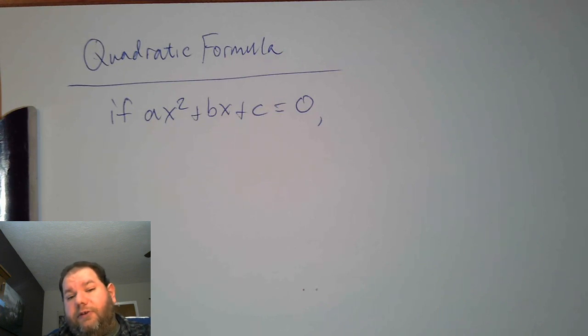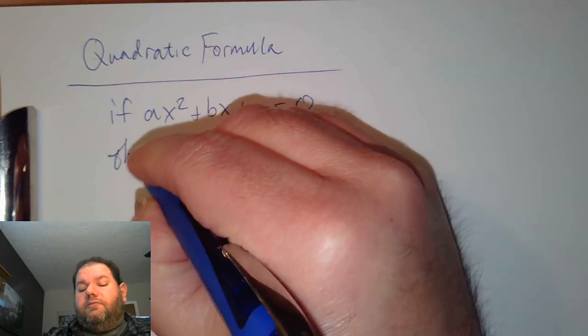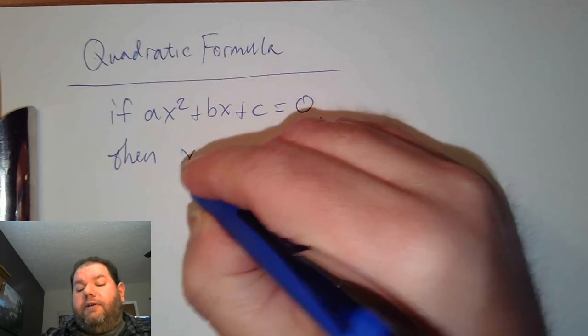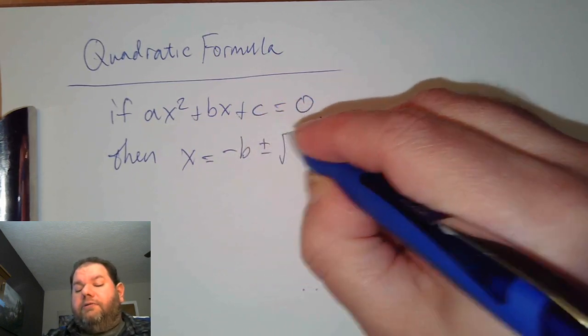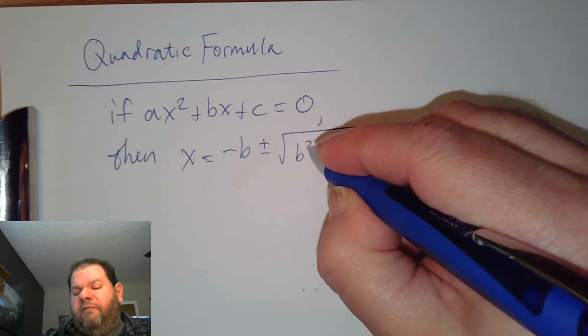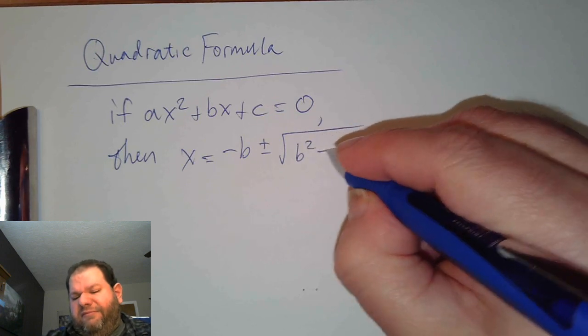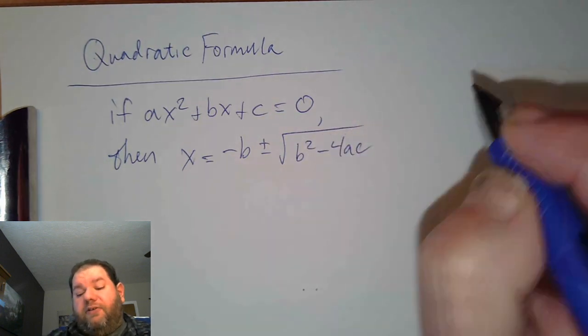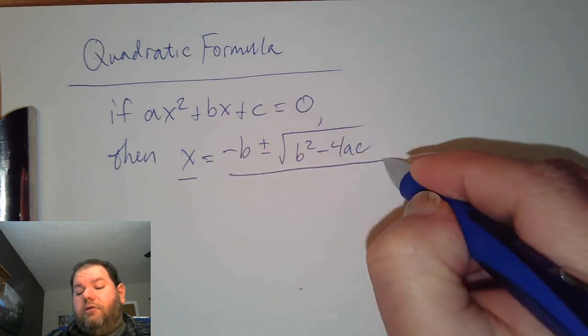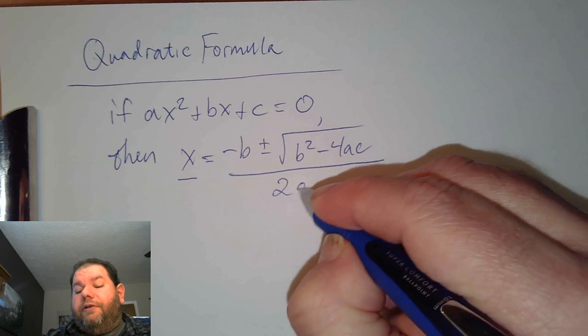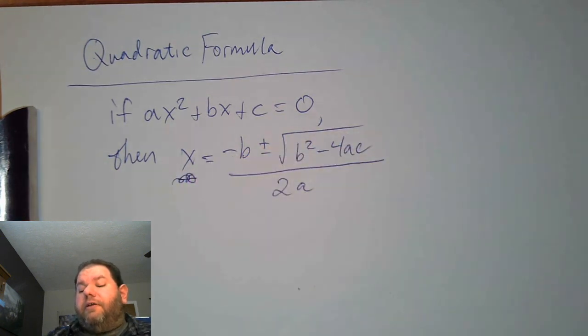So we have to make sure it's equal to 0 first. Then x equals negative b plus or minus the square root of b squared minus 4ac over 2 times a.